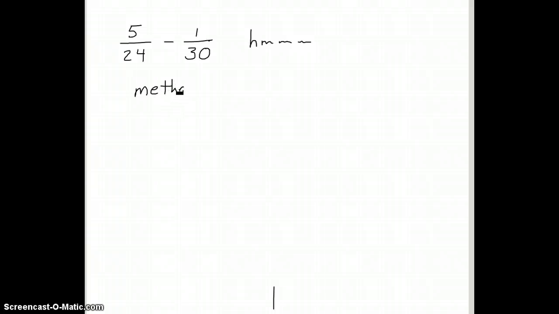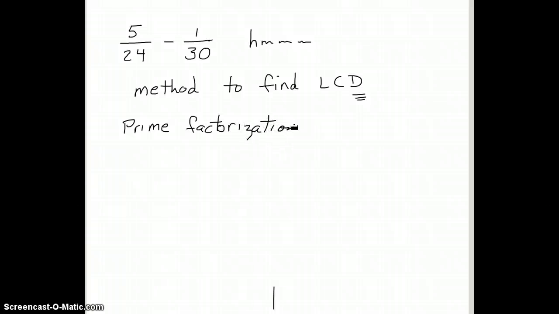So this is the method to find the lowest common denominator. We're going to be using the denominators here, and the way we're going to do this is we're going to start out by finding the prime factorization of each denominator.